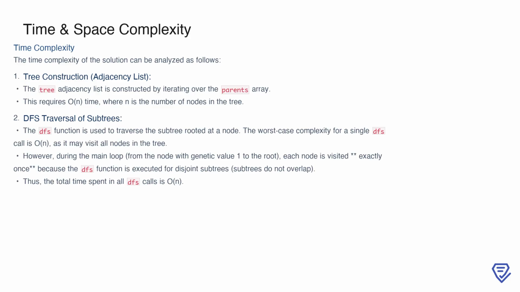The DFS function processes nodes in a subtree, and in the worst case, a single DFS call might visit all nodes in the tree, leading to O(n) complexity. However, because each node is part of exactly one subtree and is visited only once throughout the entire traversal, the total time spent across all DFS calls is also O(n). This ensures efficiency as the traversal doesn't repeat work unnecessarily.